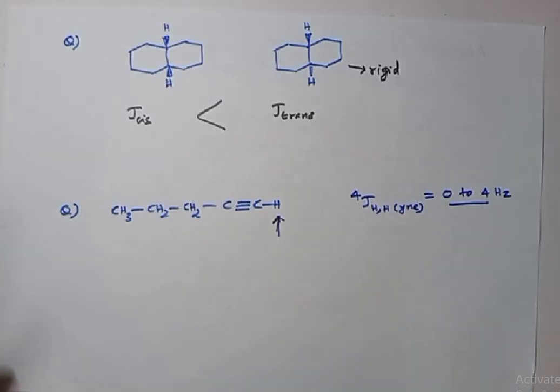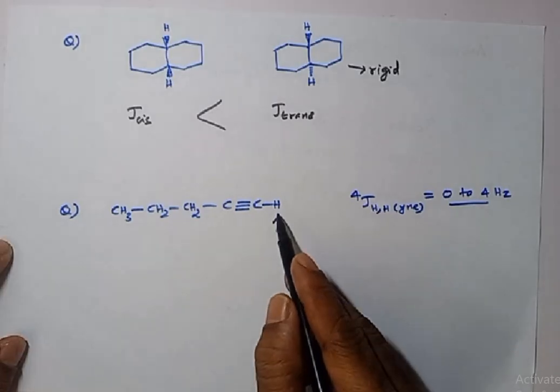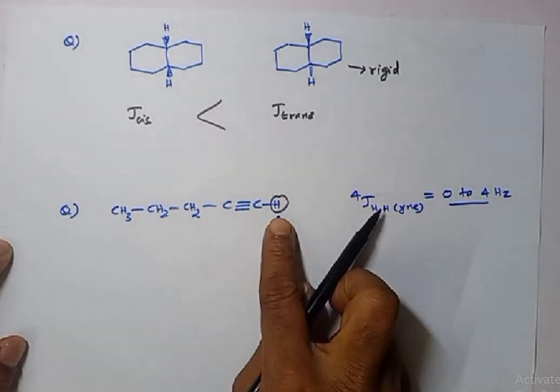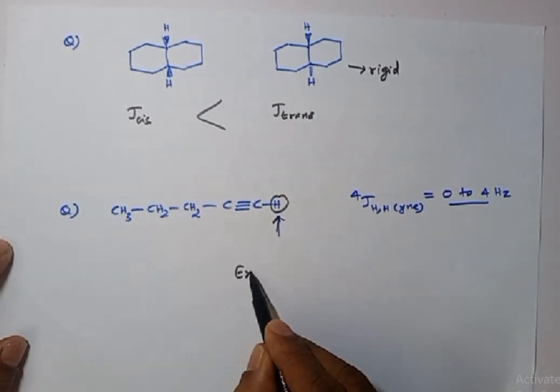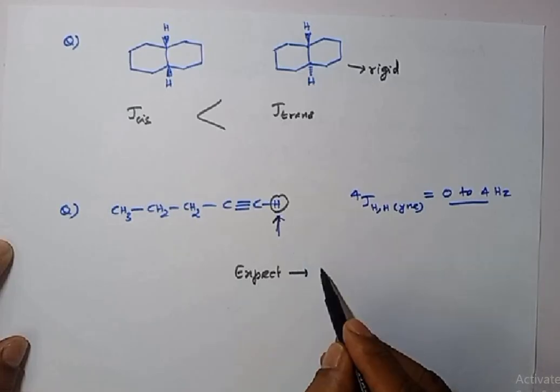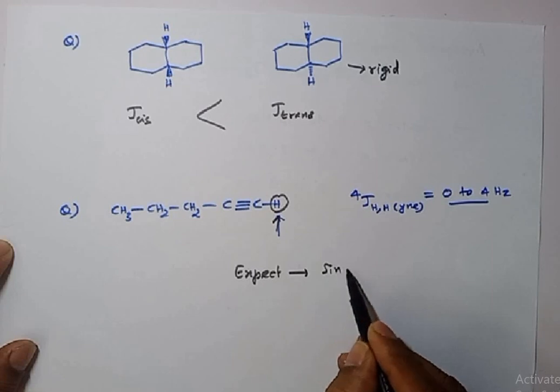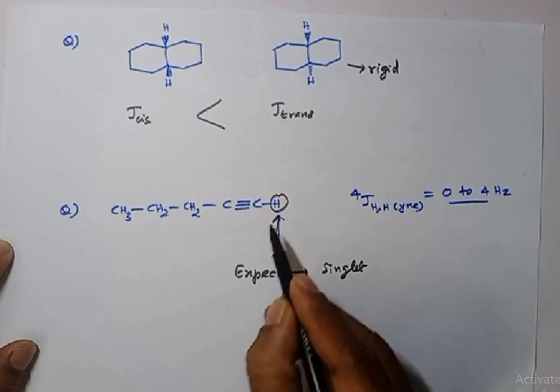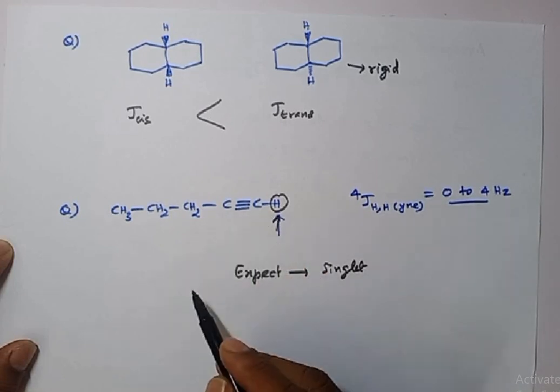Am I right? I have a hydrogen here. For this hydrogen, we expect it to give a singlet, because in the adjacent carbon there is no hydrogen.